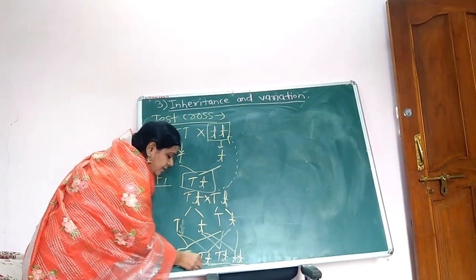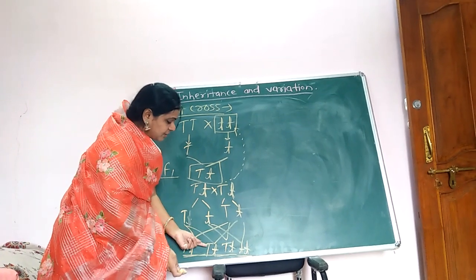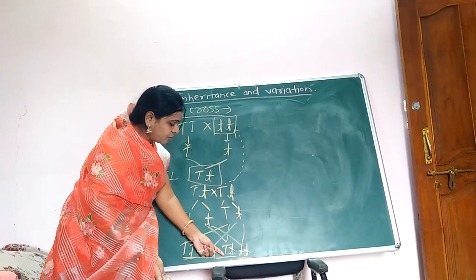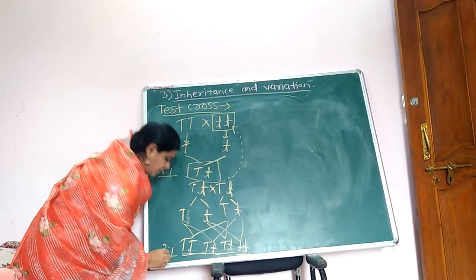Here phenotypically two types of plants: this pure tall which is tall, this hybrid tall which is also tall, this hybrid tall which is also tall, but this is the dwarf plant, so the ratio is 3:1.